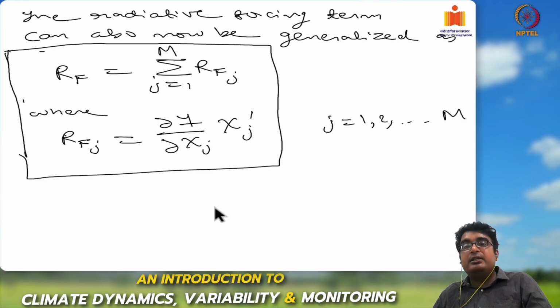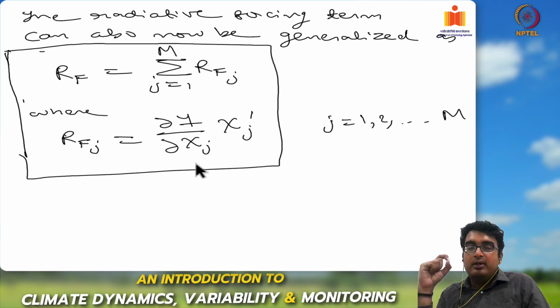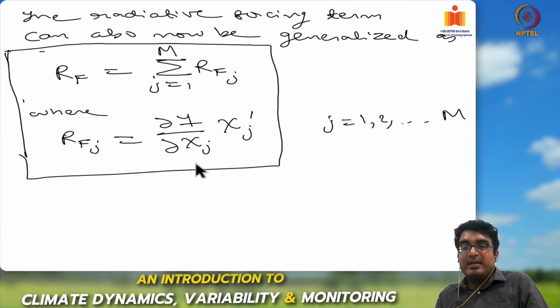The radiative forcing term can also be generalized in that format, so that the total radiative forcing is summation over all the non-temperature-dependent variables x1, x2, x3, x4 till xm. So summation j equals 1 to m RFj, where RFj is del F del xj, the gradient of the incoming radiation flux with respect to the concentration or mixing ratio of the greenhouse gas species xj, into xj prime, the perturbation of concentration of that species.